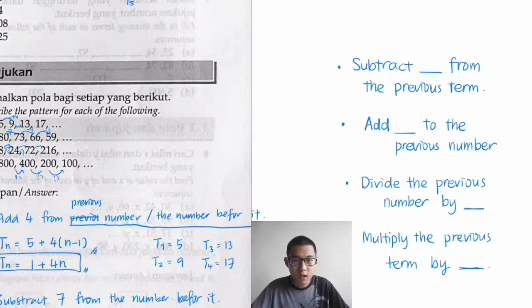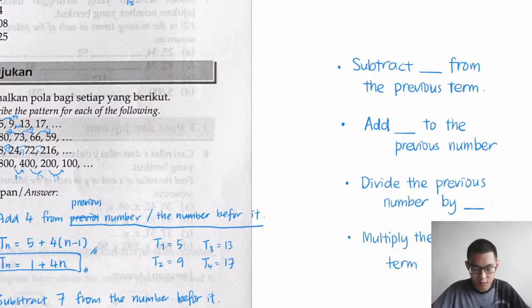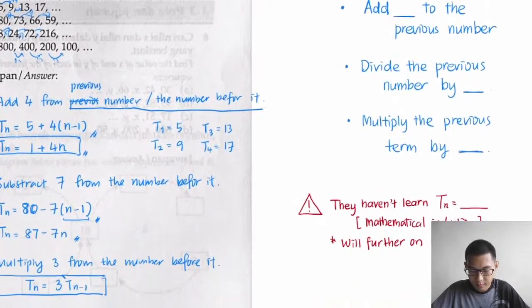Add what, how many to the previous number. Subtract how many from the previous term. Number or terms you can use it. Divide the previous number by how many, and multiply the previous term by how many. So there's a format for them, and you can try to memorize it.